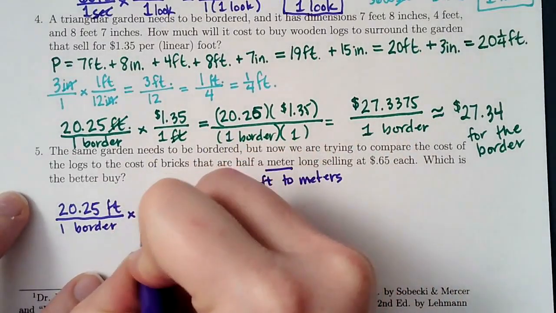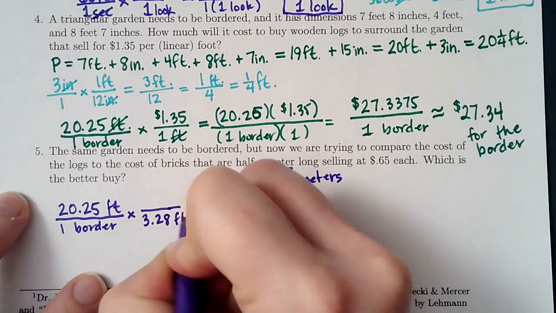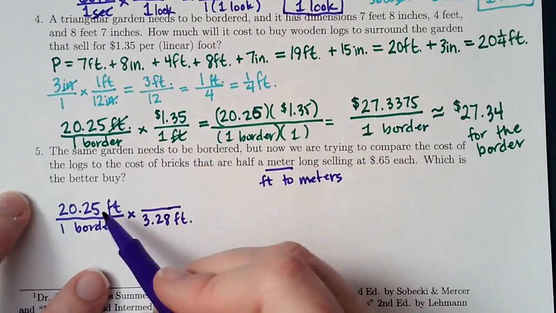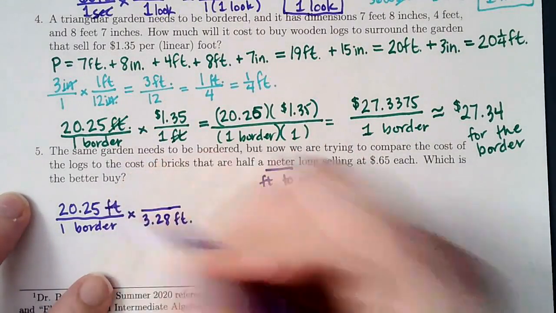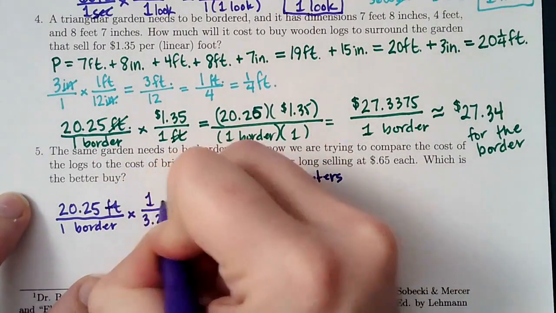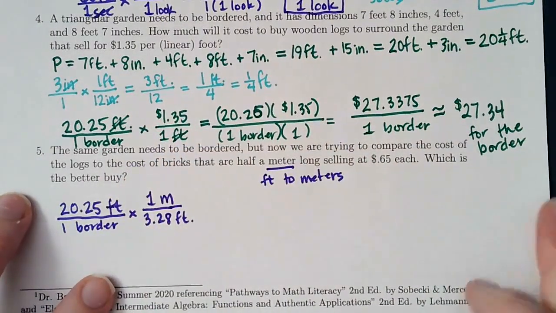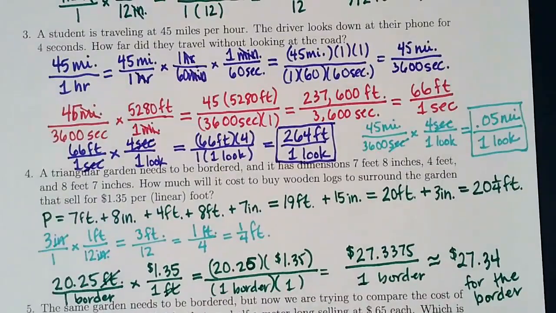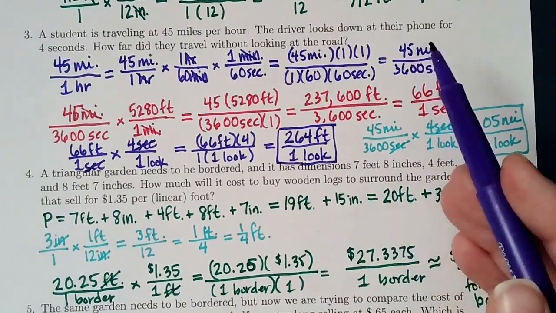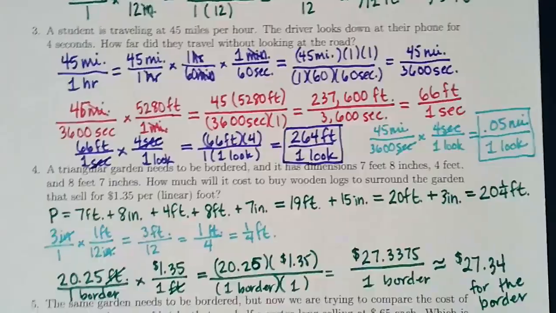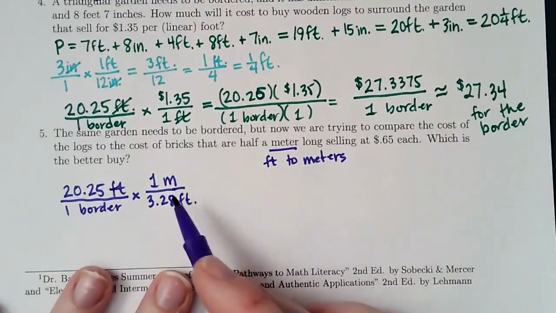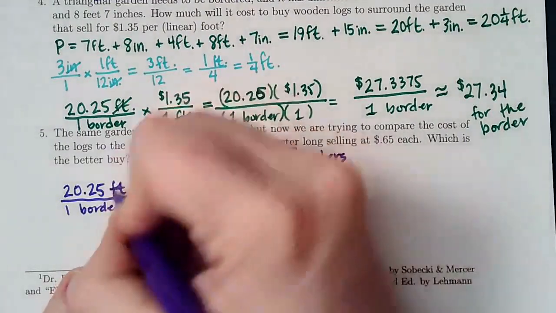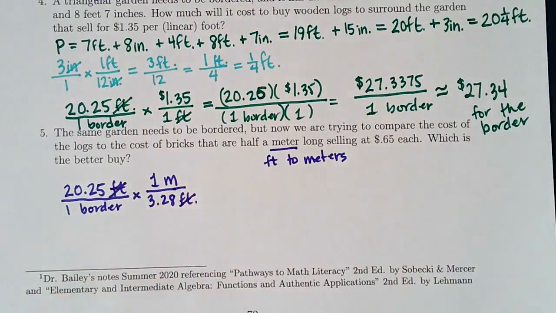So I'm going to put 3.28 feet in the denominator because that is opposite of the numerator's feet. And that is for 1 meter. Making sure that up here we did miles and we label it MI. And down here we have meters and we just label it M. The feet will cancel. And now we multiply.